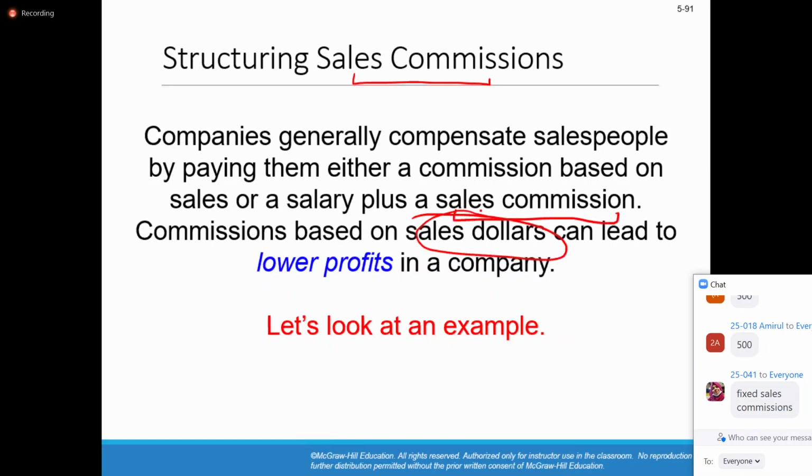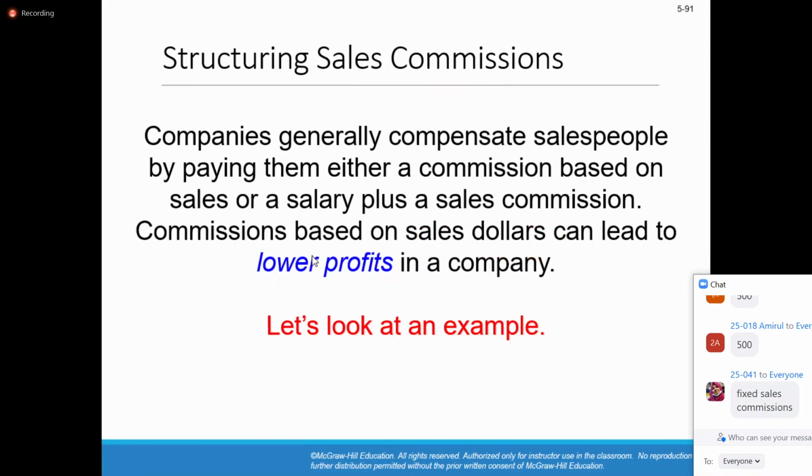But that is a mistake. The variable sales commission cannot be directly related to sales dollar. It is a mistake in the sense that if you do this, you will have a lower profit.